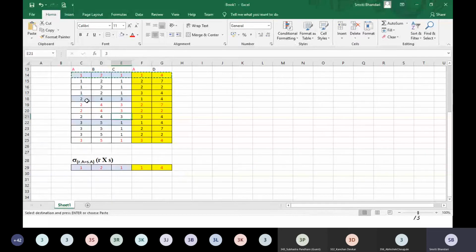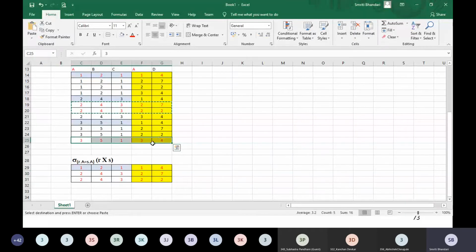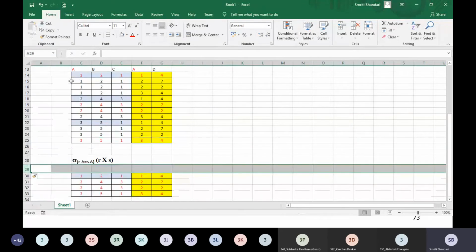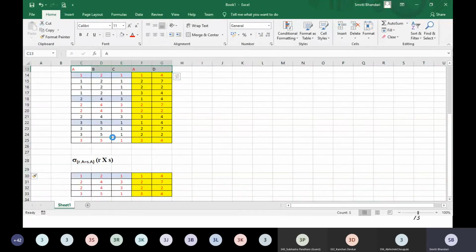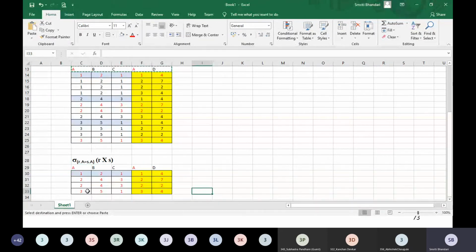So in this result, we'll be having this tuple, and these two, because they match the values on common attributes. Common attribute here is A, right? So we are having these tuples in this relation.